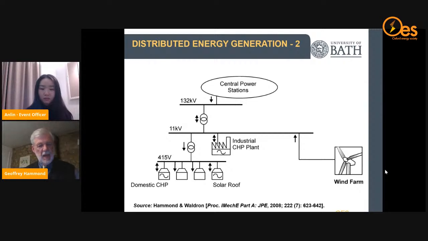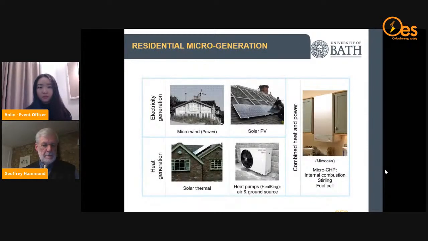So it's a change in culture from a centralized system to a much more decentralized system. Next slide, please. And what this decentralized system might actually look like, these are examples of technologies that you can go out and buy now. So if you just wanted to produce electricity, you might go for a micro wind turbine, that's up in the top left-hand corner, or you might go for solar photovoltaic cells, that's in the middle there at the top.